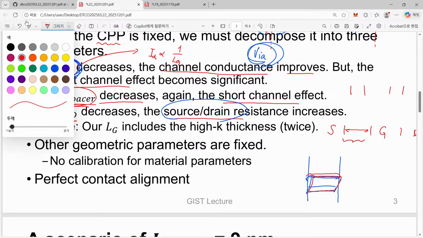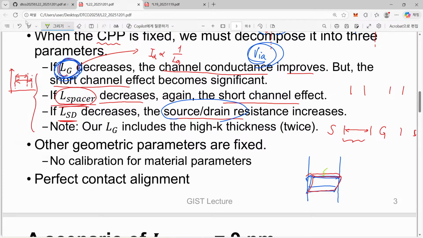So not only on this silicon dioxide, of course we have some here, however here we have a spacer, but even near the spacer we can have high K layer. So in this case the thickness is only the high K layer, and in this case the thickness is interlayer and high K layer.